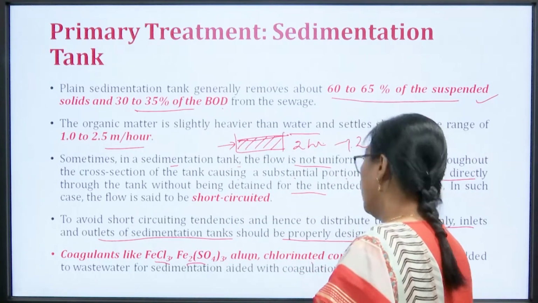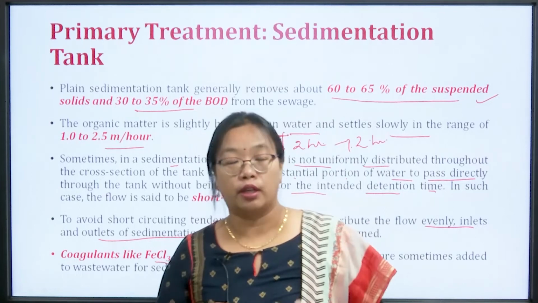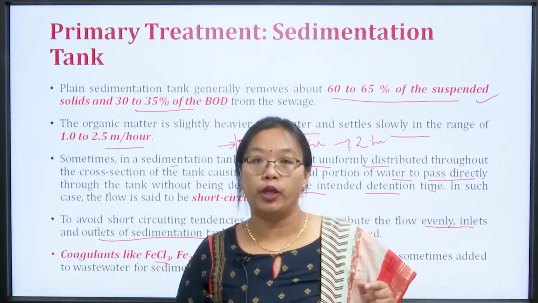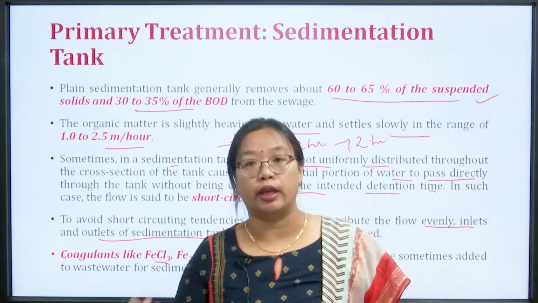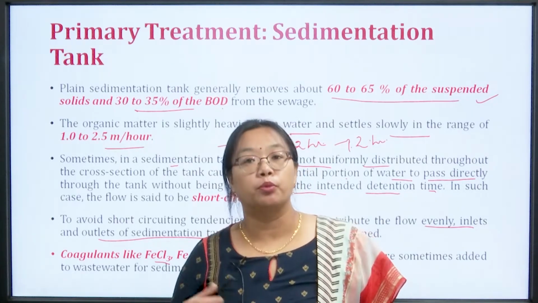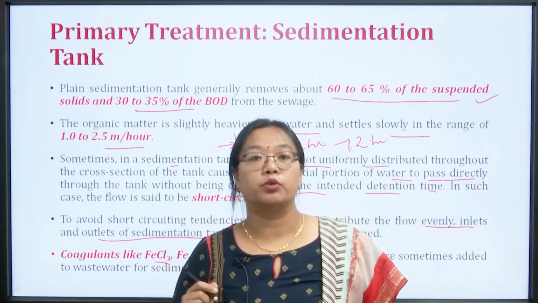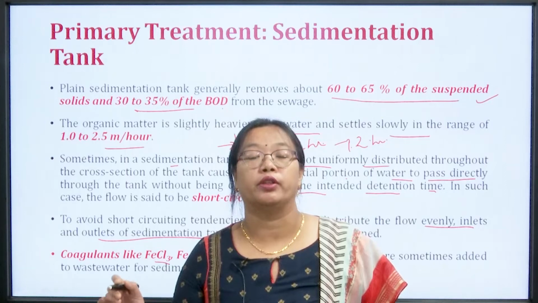Okay? Why? Because your wastewater after going through primary treatment is going to go through secondary treatment, and secondary treatment is mostly biological. So, if you add these chemicals, they are going to hamper your secondary treatment system.